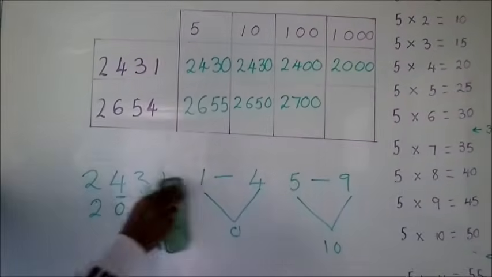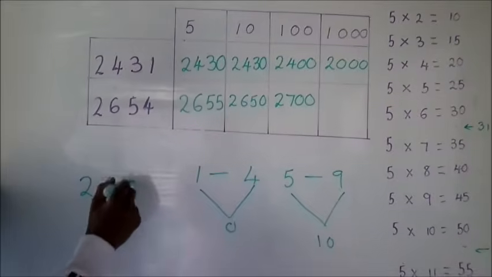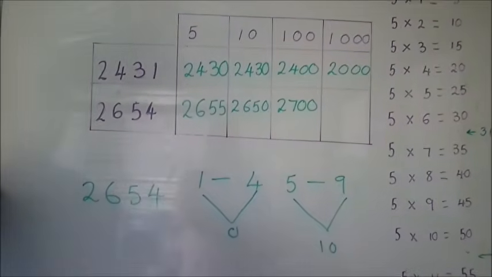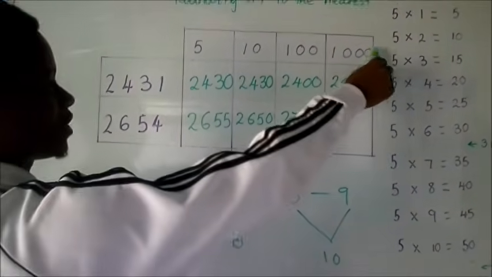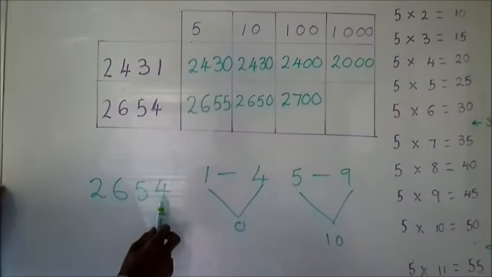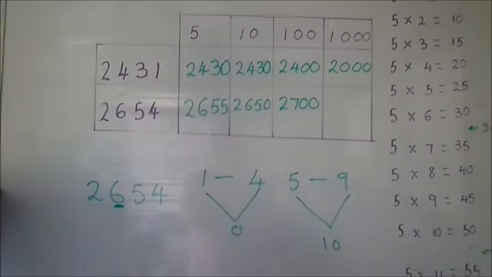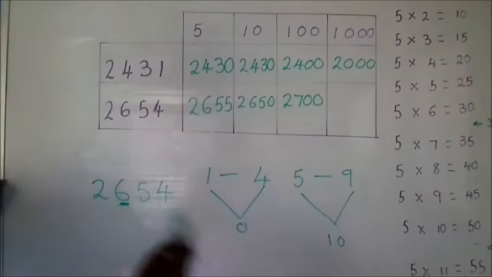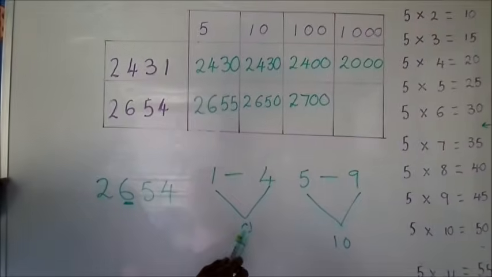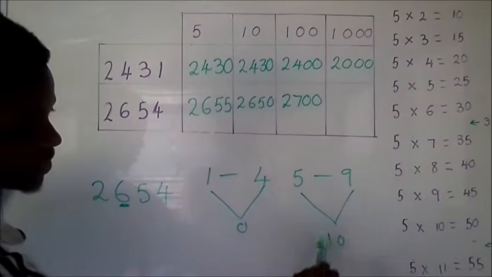How about the last one? 2654 to the nearest 1000. 1000 is 3 zeros. Let's count 1 2 3. Then you underline this number. Then we ask ourselves, is 6 nearer to 10 or is 6 nearer to 0? 6 belongs somewhere here, so 6 is nearer to 10.